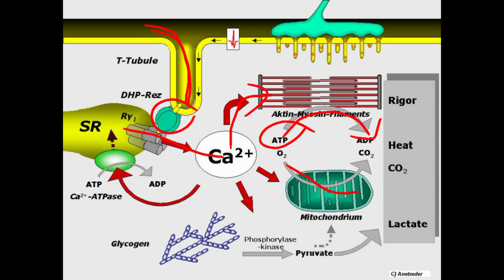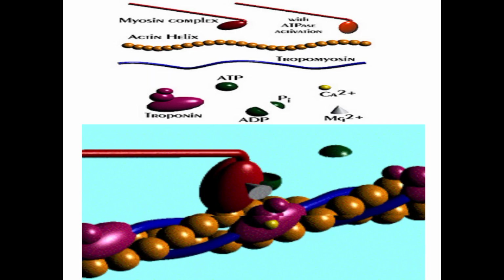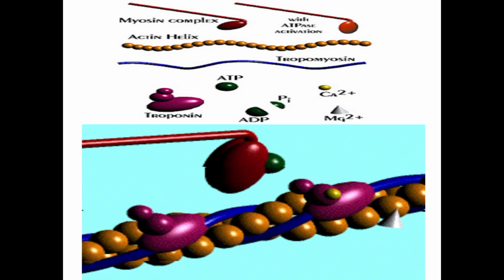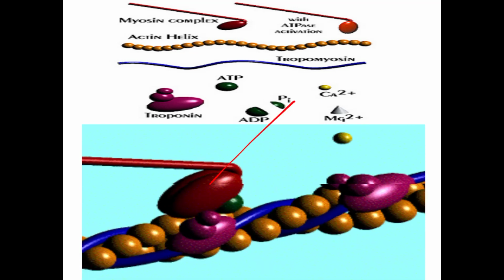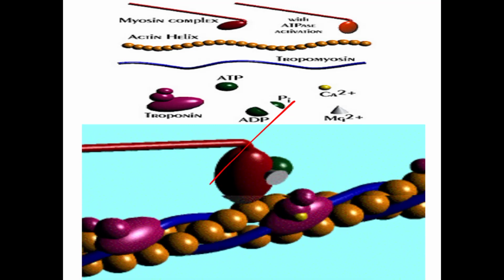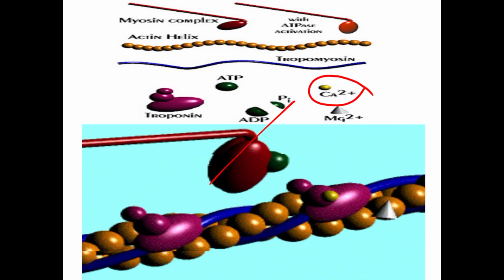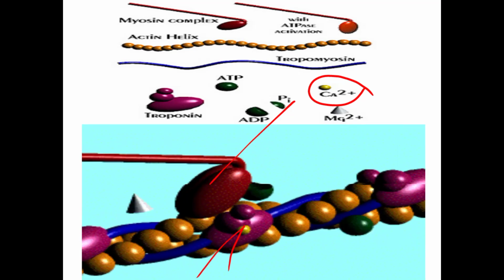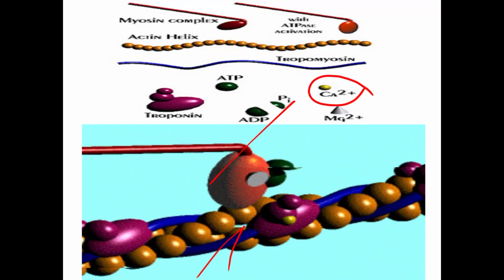Okay. So this is the myosin head. Okay, myosin head. So it goes and attaches whenever this calcium is attached here. I can't show. So calcium is binding to the actin filament.